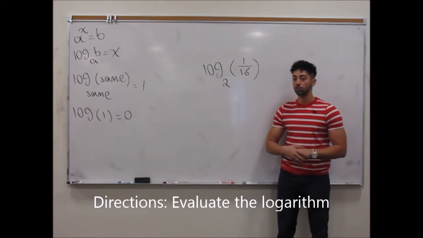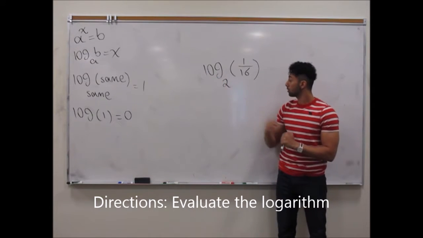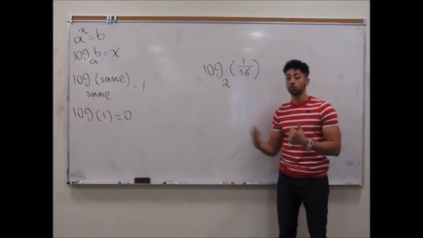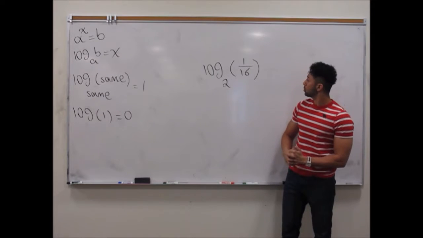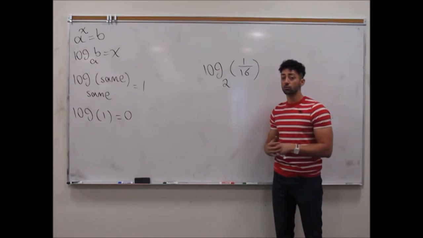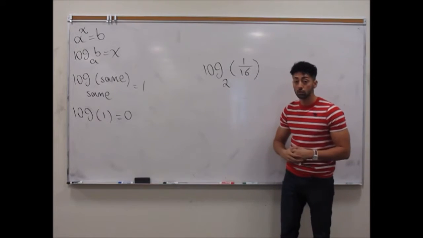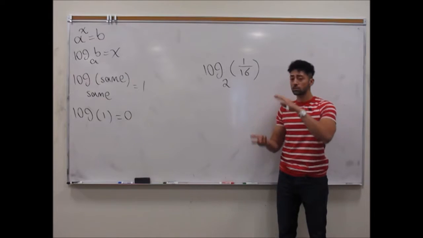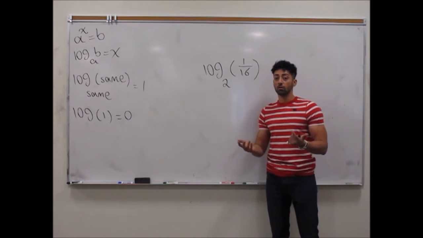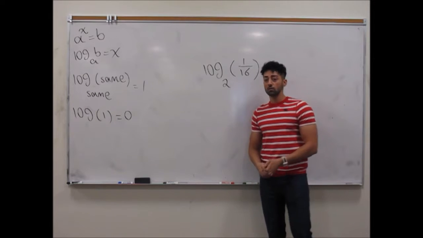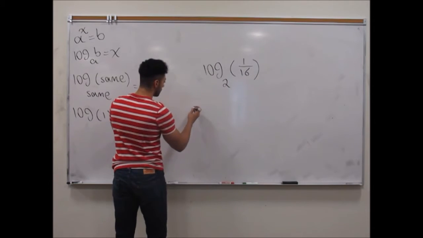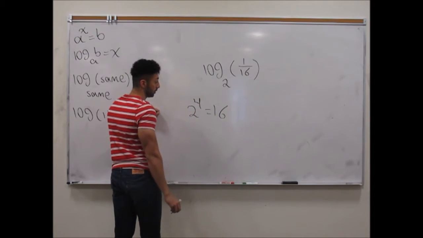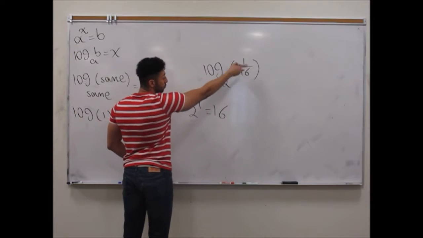Okay, so just doing another example here. Log base 2 and the argument is 1/16. We've never had a fraction before, so let's go ahead and investigate that. If we look at it as a fraction, what's really sticking out the most is this 16 here. We know 2 to the 4th power is 16, but this is the reciprocal of that. So if you recall the negative exponent laws, we know 2 to the 4th power is equal to 16, but I want 1 over 16.